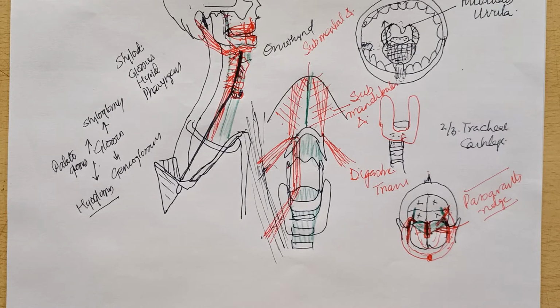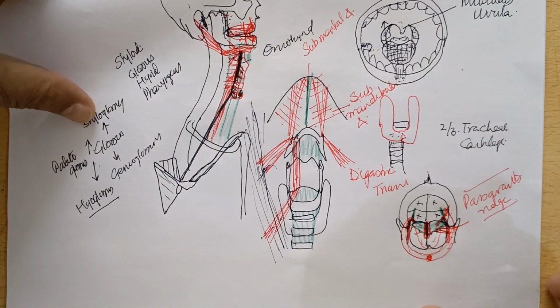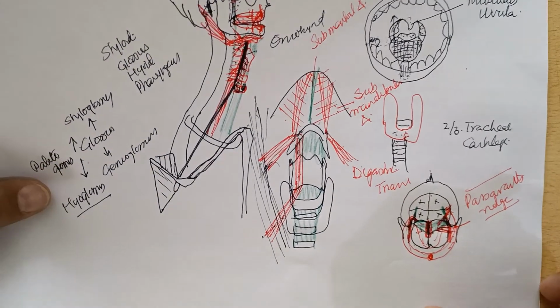So this finishes the anatomy of the mouth, except that the important thing left out is the movement of the mandible.